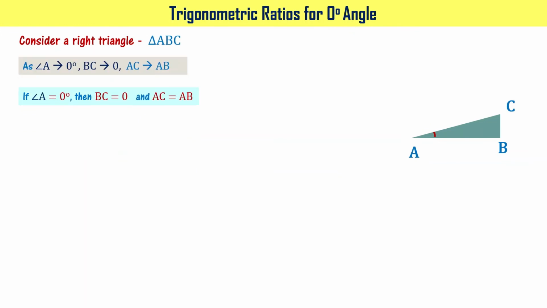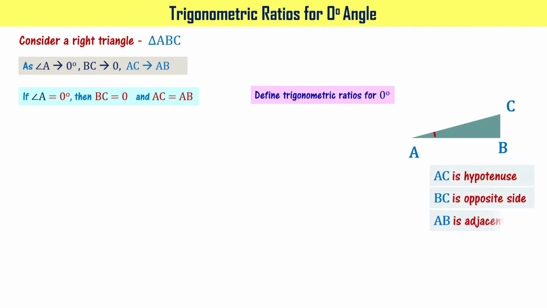Now we know three sides of the triangle when angle A equal to 0, right? We can write trigonometric ratios now for 0 degrees angle. Sine 0 degrees is going to be BC by AC, that is opposite side by hypotenuse. BC is going to be 0, right? That's what we said when angle A equal to 0. And AC is going to be equal to AB. So sine 0 degrees equal to BC by AC, that is 0 by AC equal to 0.